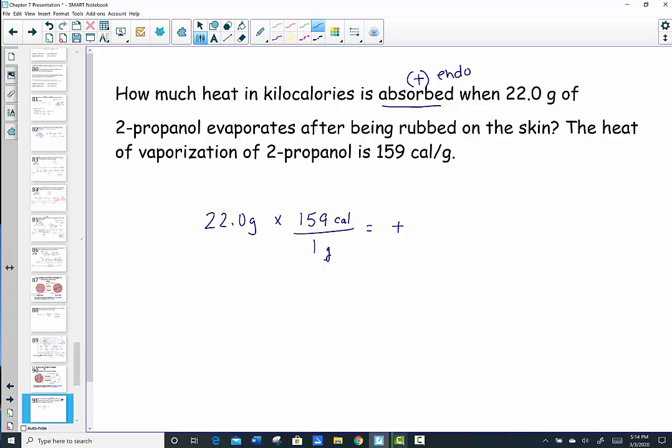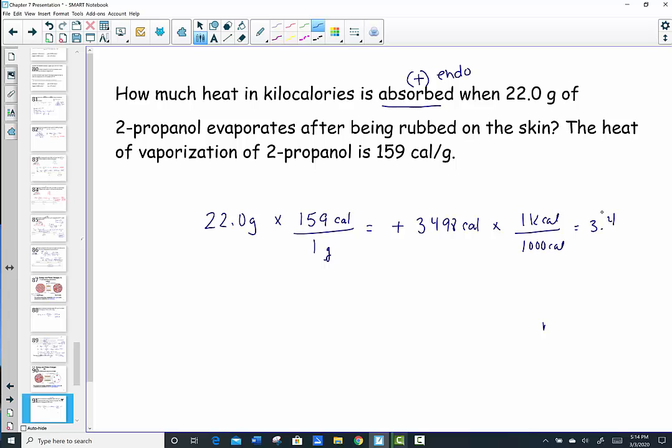So 22 times 159 would give me a value of positive 3498 calories. And then to get the kcal, I'll just divide by 1,000 and slide my decimal over 3 spots. And we get 3.498.